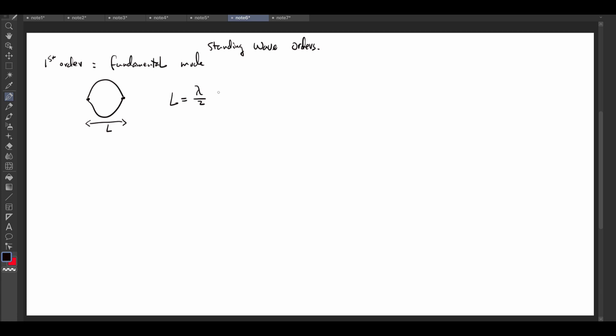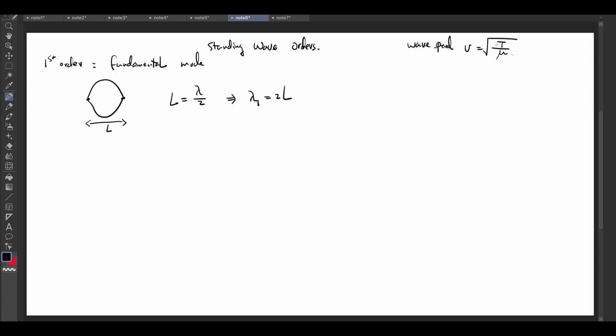Now from there, we can say for the fundamental mode, lambda here is called lambda 1. Lambda 1 is given by 2L. Okay. Now if we know further the wave speed, let's say V, which in the string wave case is the square root of tension T over mu.